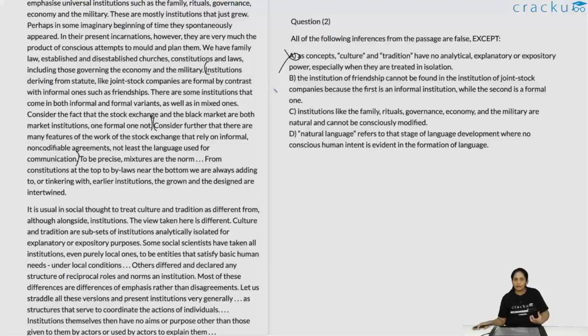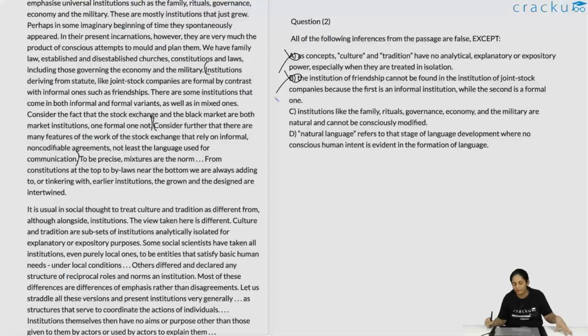So he's definitely not saying that if something is formal, it can have no informal aspect to it. So we cannot infer that something which is a formal institution like joint stock companies cannot have anything informal in it like friendship, because stock markets which are formally codified also have an informal base to it. So B also cannot be essentially inferred. So this is also a false inference.